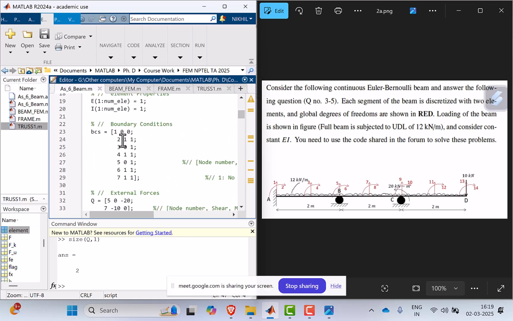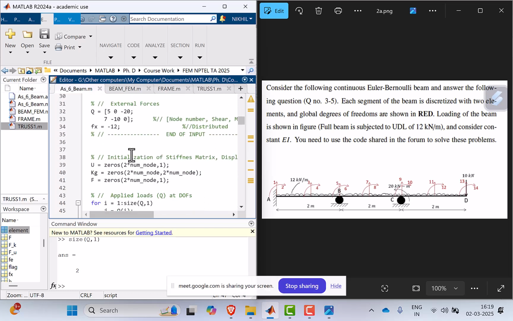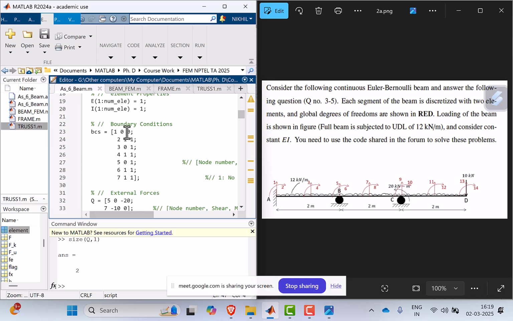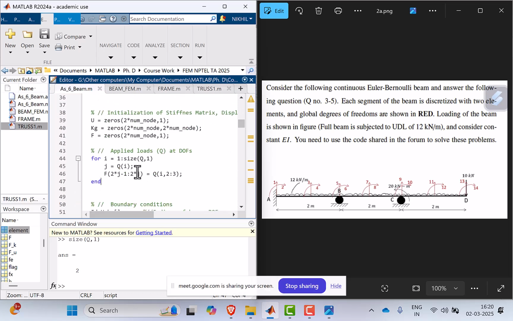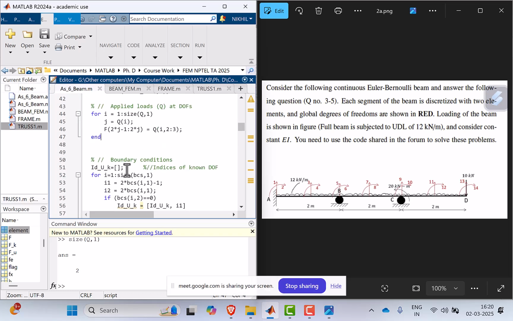Now we have to convert these nodes into degree of freedom boundary conditions. The degrees of freedom will be 1, 2, 3, 4, 5, 6, 7, 8, 9, 10, 11, 12, 13, 14. As we did for the force vector, which is 2j minus 1 and 2j, we do similar things here, using initial variables i1 and i2. We run it for the size of the boundary conditions; since we have given it for 7 nodes, this will be 7 here.